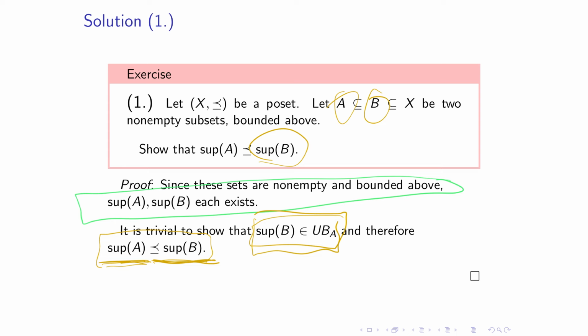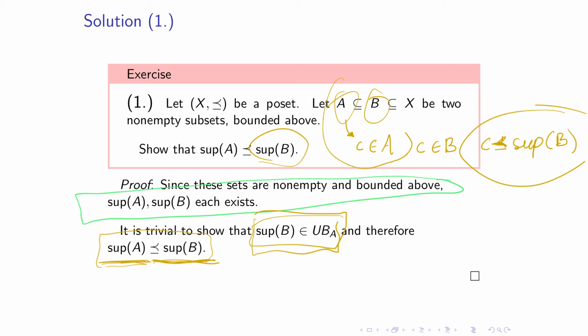I think you can fill this in, but let me write a little bit down and say that if you pick an element, let's call it C, of A, then C must be an element of B, and then C is bounded above by this upper bound sup B, so we have C precedes or equals sup B. And so this demonstrates that sup B is an upper bound on the set of all elements coming from the set A. Since it is an upper bound, then the inequality follows. So proof complete.